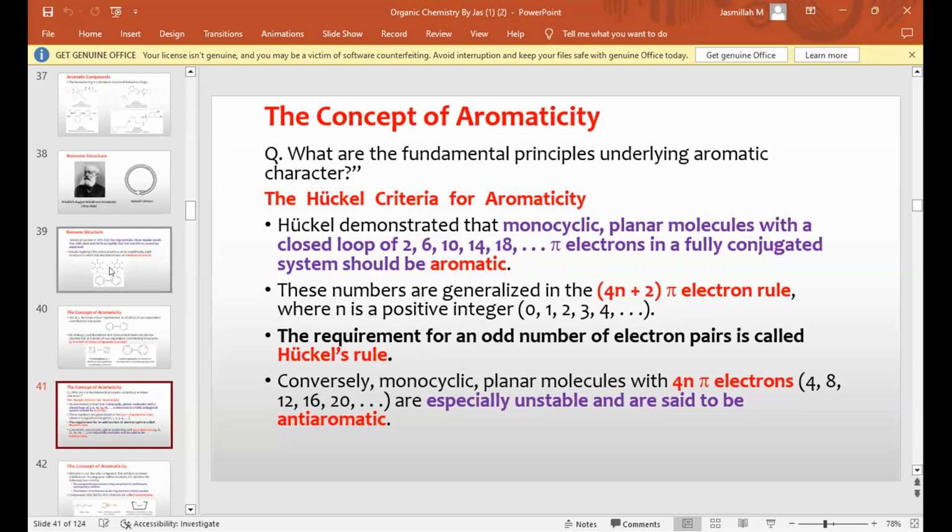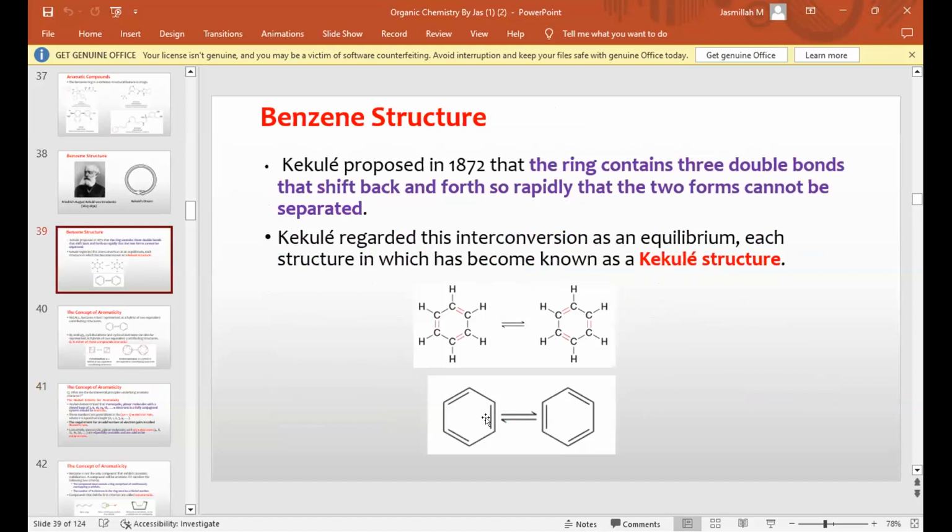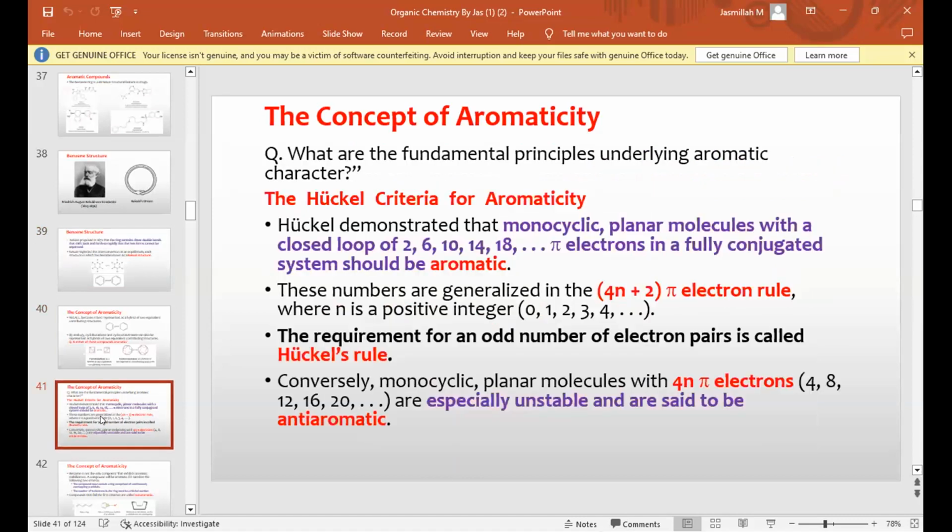By pi bonds, we mean these pi bonds. Every double bond contains a pi bond. So let's say benzene here, we know it has 6 pi electrons, so benzene obeys Huckel's rule.